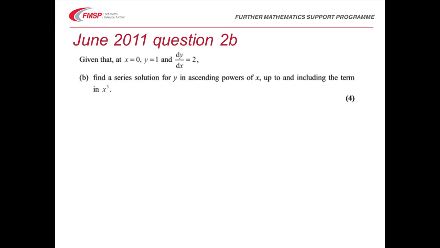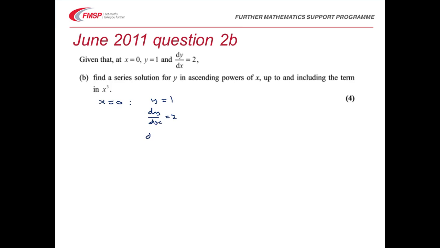So in this part of the question, we're going to use the given initial conditions and the given third derivative, d3y by dx cubed, in order to produce the series solution for y in ascending powers of x, stopping at the x cubed term. So we know that when x is 0, y is 1, and dy by dx is 2.